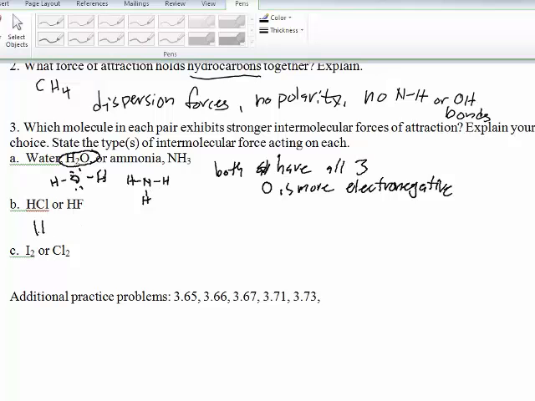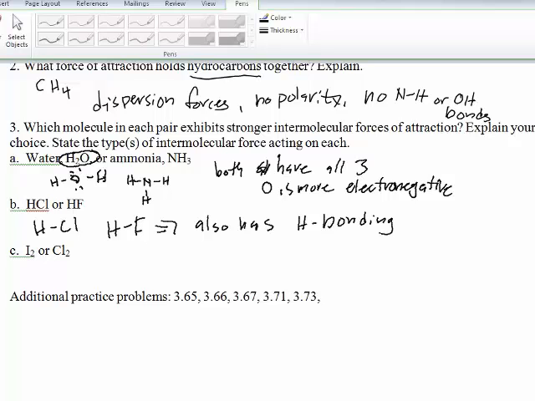How about HCl and HF? Both, of course, have dispersion forces. Both have dipole forces as well, because this bond is polar. H and Cl have different electronegativities. H and F have different electronegativities. But HF also has hydrogen bonding.